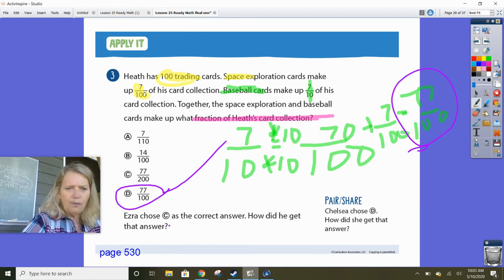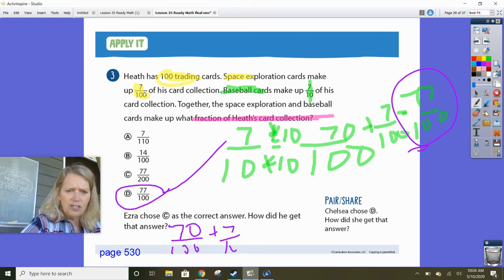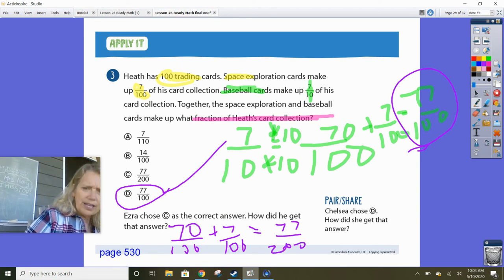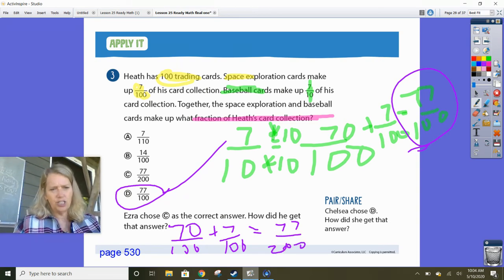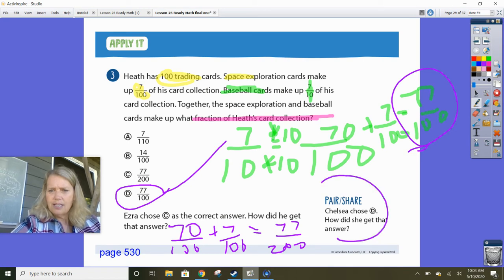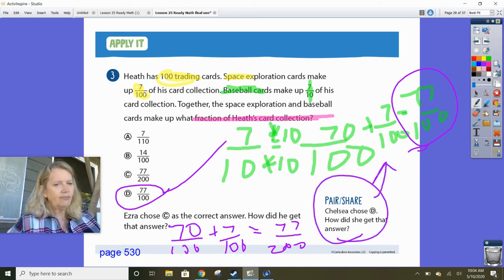So that's probably what I would write here. He probably did 70/100ths plus 7/100ths, and then just did 77/200ths. But we know that's not how you add fractions. So Chelsea is correct, and she probably did it like we did, and probably chose the right one.